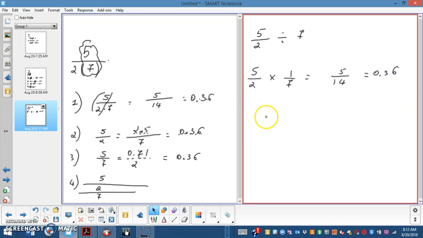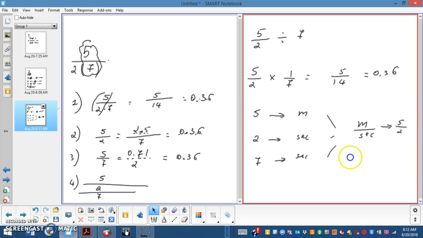Now, how is this important? Well, let's say that 5 is related to meters. The 2 is the first second, and 7 is also seconds. By putting all those together, you have meters per second, which will be the 5 over 2.